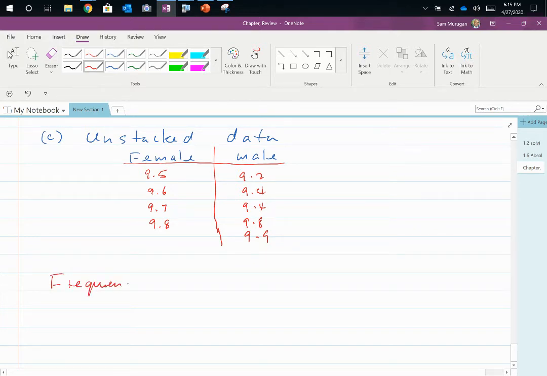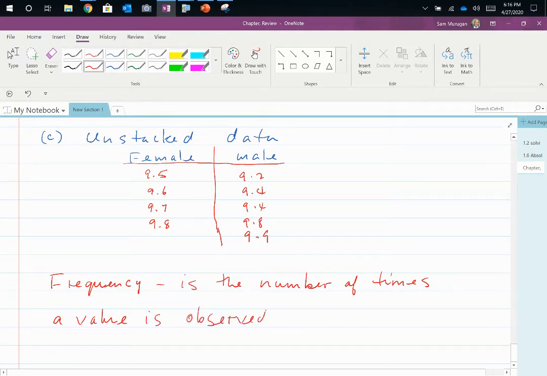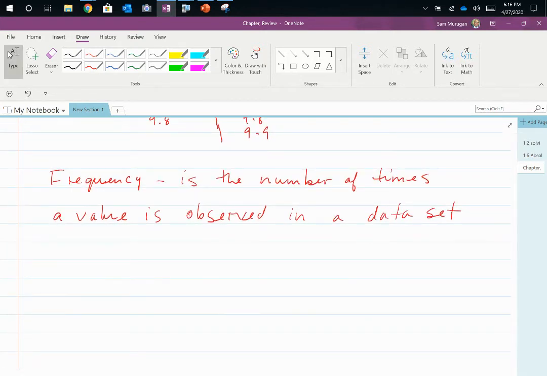Frequency is the number of times a value is observed in a data set. Remember, all these definitions that I'm giving you are going to come back when you do your homework, so you want to pay careful attention to them.